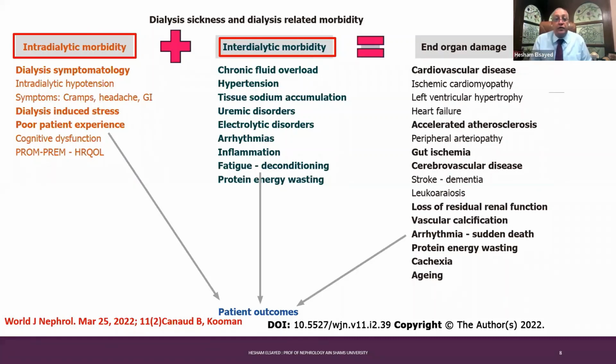If we put the intradialytic and interdialytic morbidity together, we have end organ damage, including cardiovascular diseases, atherosclerosis, gut ischemia, loss of residual kidney function, arrhythmia, and vascular calcification.